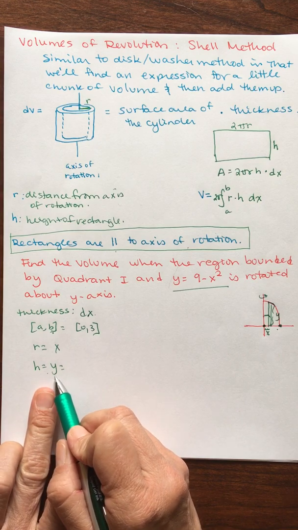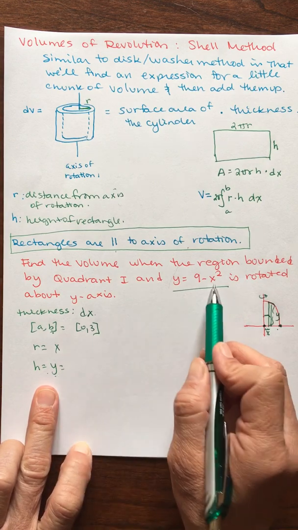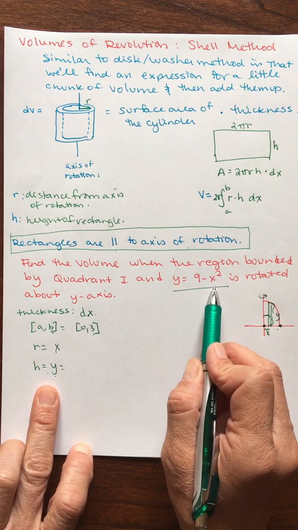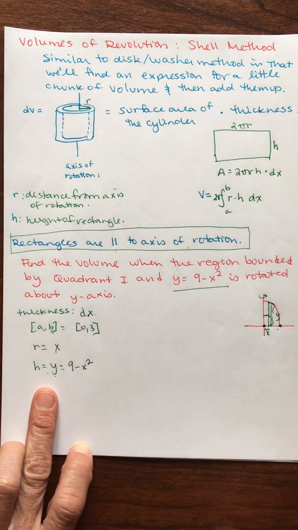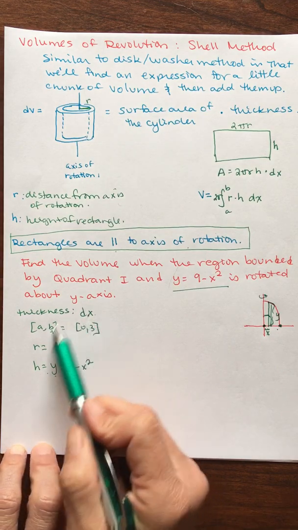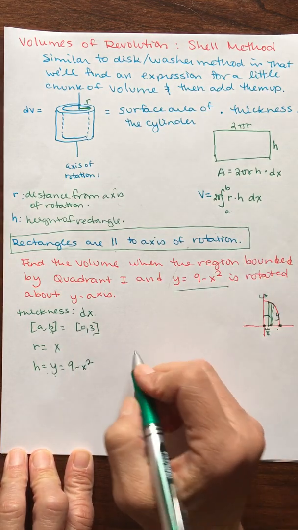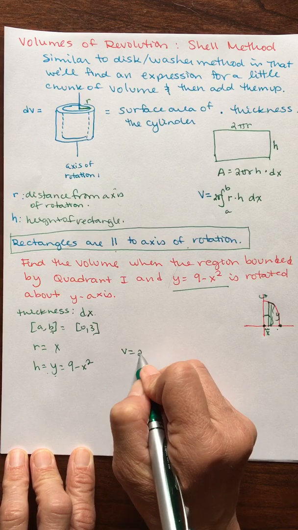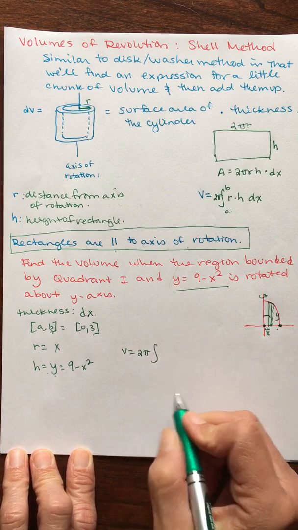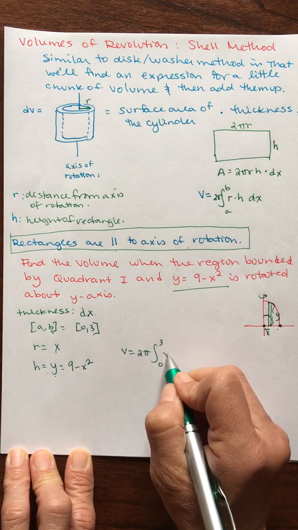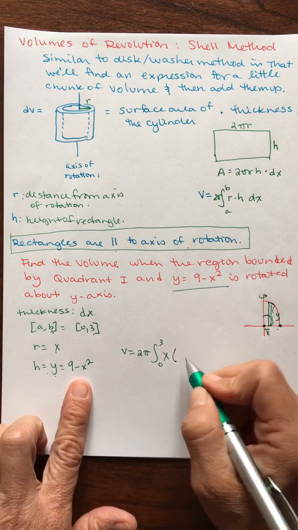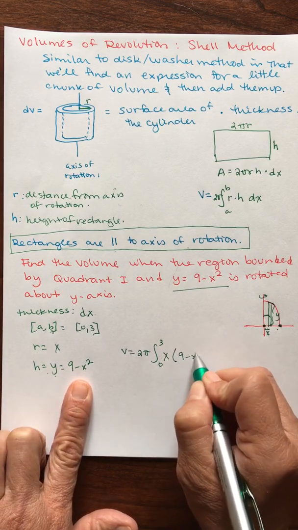I want the x version of this. That y is the same thing as 9 minus x squared. Okay, so I know everything I need for my formula. I'm going to go ahead and write out my volume: 2 pi integrating between 0 and 3, r, which is x, times h, which is 9 minus x squared, dx.